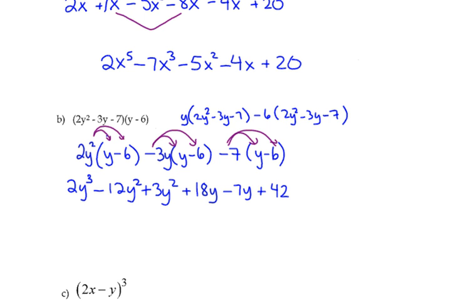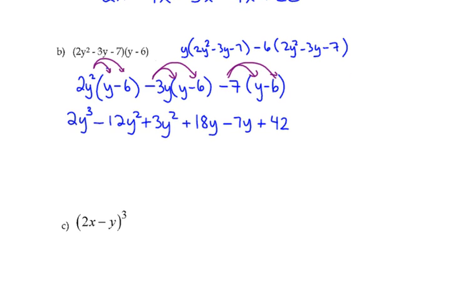And then what do we do? Like terms, so we have y squareds and y's. If you did it the other method, you'd have the same like terms. It might be a little bit different order in the middle, but you'd have the same numbers, and you get the same final answer. Negative 12 plus 3, what does that give us?